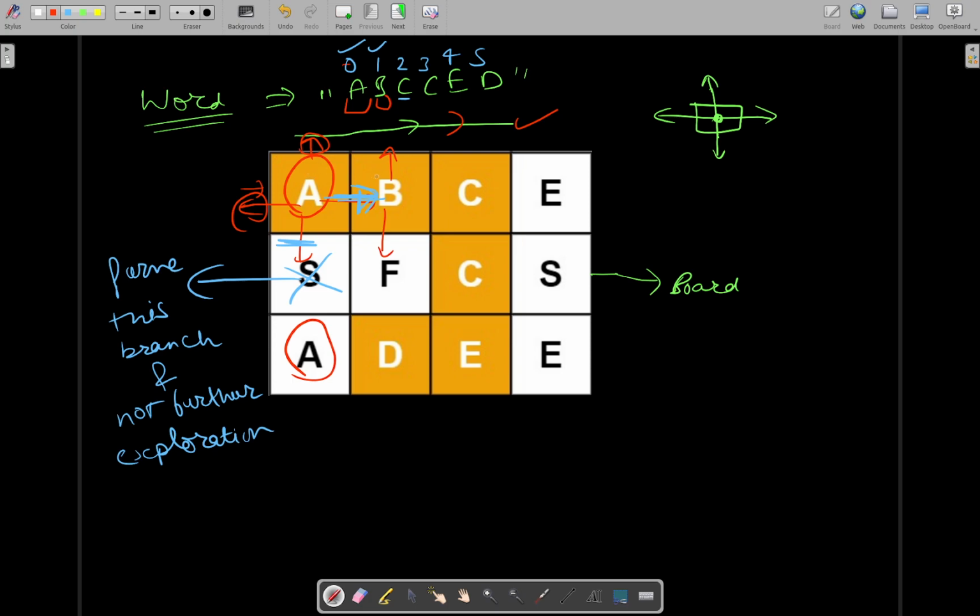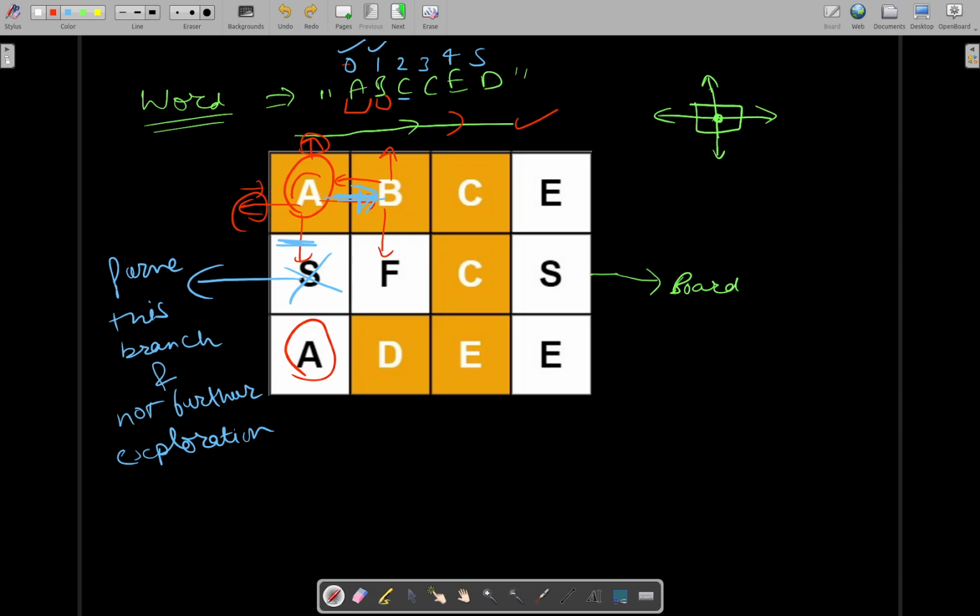So although B can visit this A again, we will stop it from doing so with the help of backtracking.